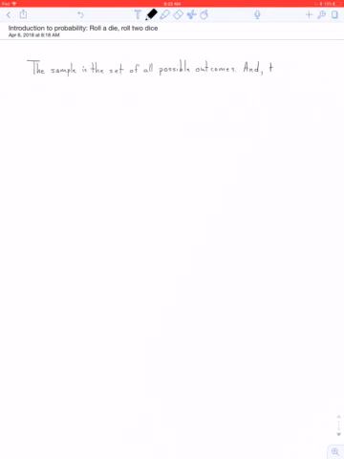The size of the sample space is denoted by n.